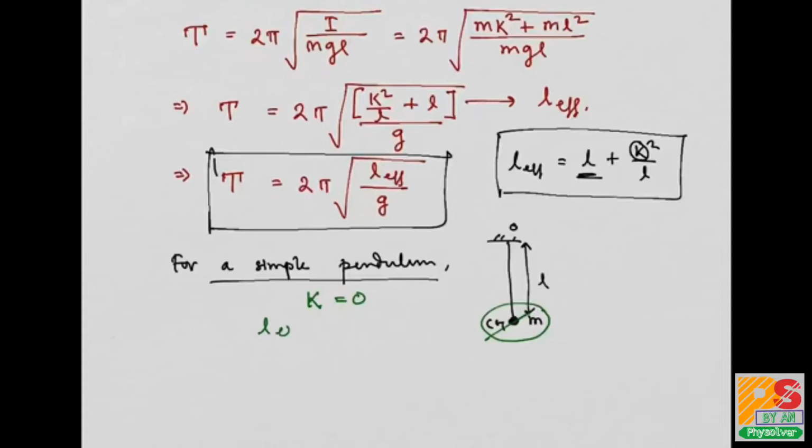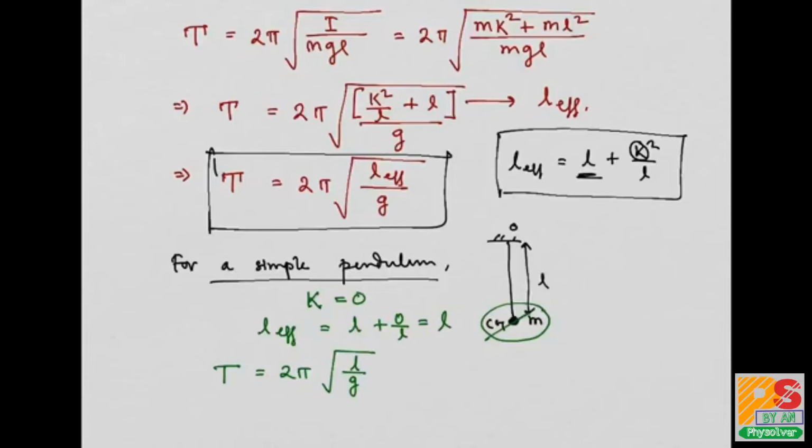Now L effective will be simply L plus 0 divided by L, which is L. So for a simple pendulum, the time period formula would be simply 2 pi root over L by G. Therefore I can say a simple pendulum is a special case of a physical pendulum, or a physical pendulum is a generalized case of a simple pendulum. I hope you understand.